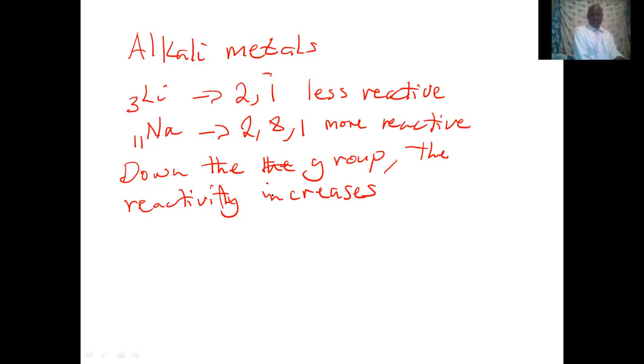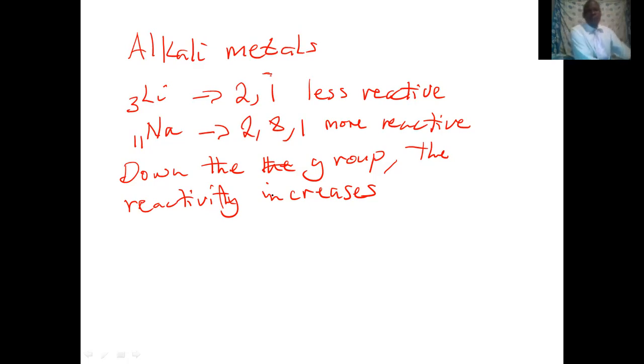It means that for the electron in the outermost shell, which has to be lost, little energy will be required to lose it. And therefore, that element will be more reactive than lithium, which has the electron to be lost nearer to the nucleus where there are positive protons.